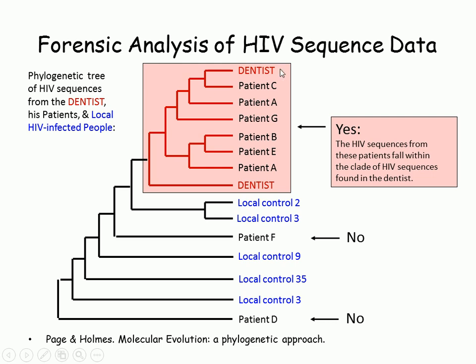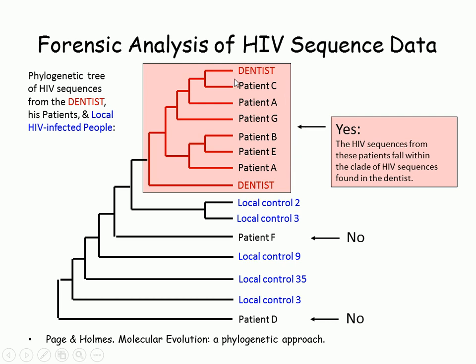Another example is forensic analysis of HIV sequence data. I can't remember which state this was in, but there was a patient who had HIV, and her only risk factor was that she had a dentist who was also HIV positive.